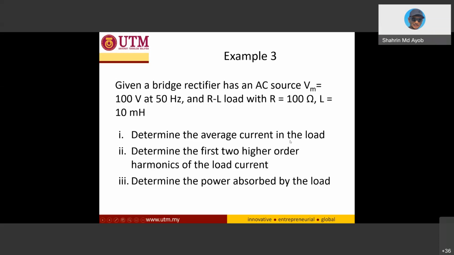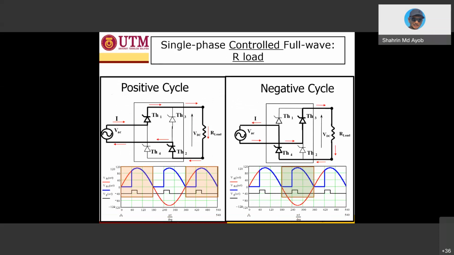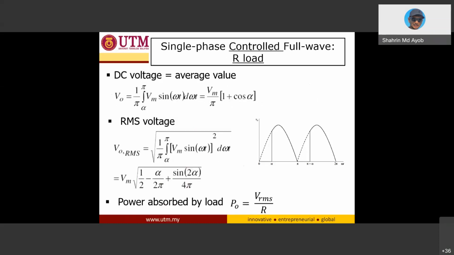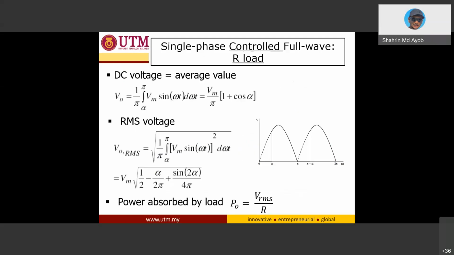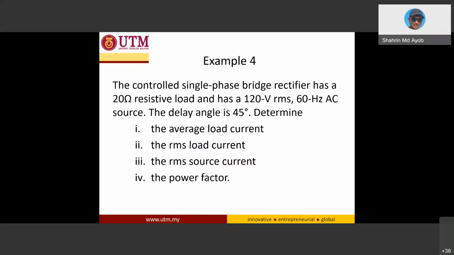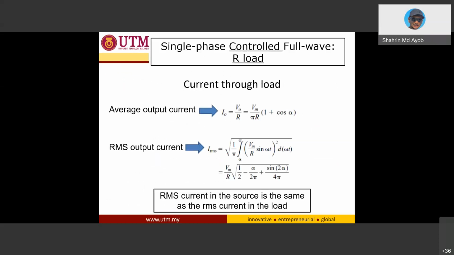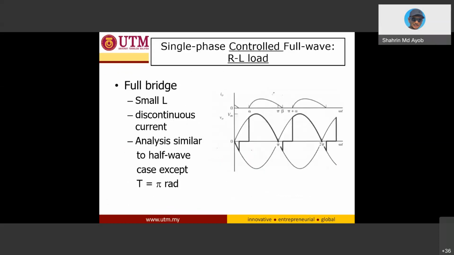In our next class, next Tuesday, we will still go on with single phase, but with control, using the SCR. Some parts of it will be very hard for you if I try to continue today, because we have two modes here.